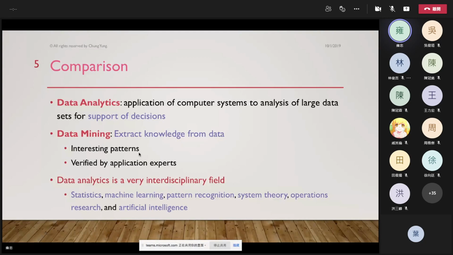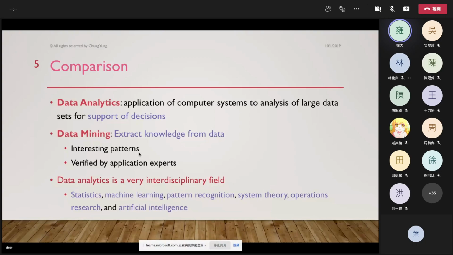In this course, of course, we emphasize the part of data analytics instead of data mining. Data analytics is a very interdisciplinary field.